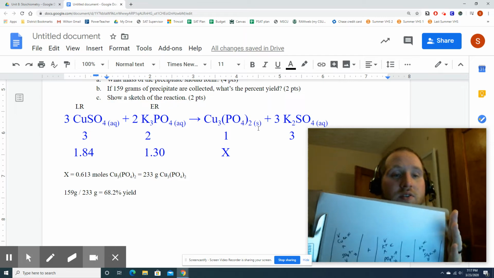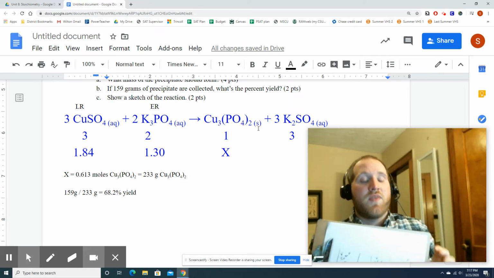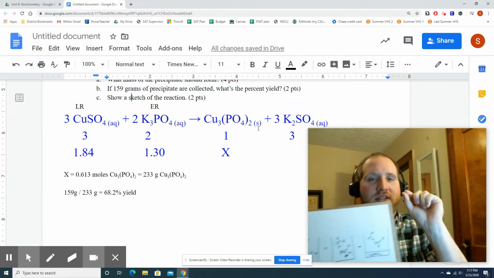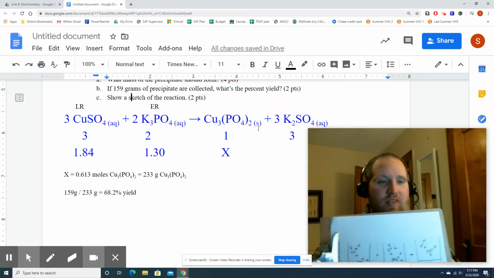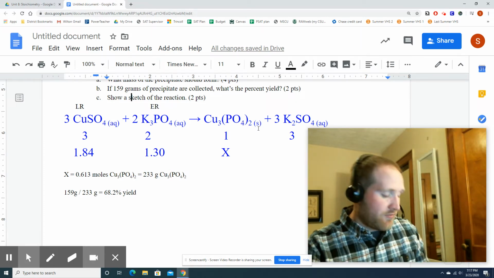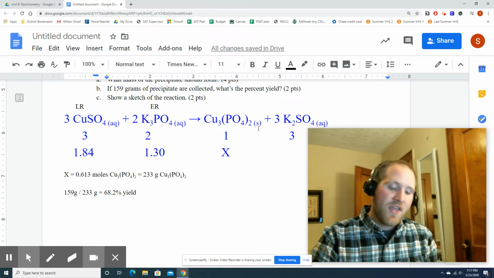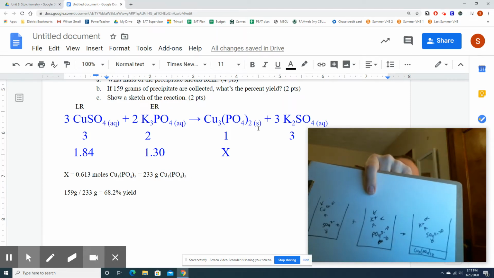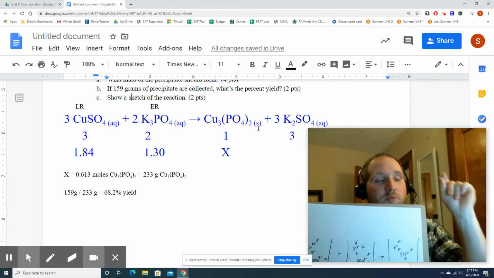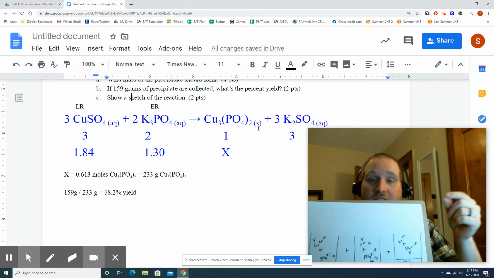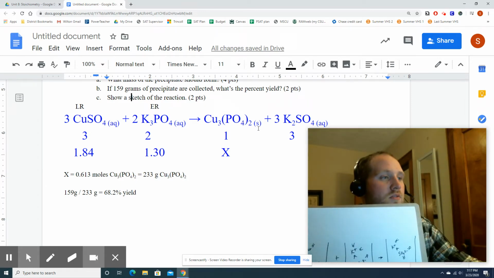Now, this is exactly what you would have done back in Unit 7 a couple weeks ago. But because we know that there's an excess reactant, one of these is the excess. Which one? It's the K3PO4. This is my ER. So because this one is my ER, we're going to have a little bit of leftover potassium ions and some leftover phosphate ions.